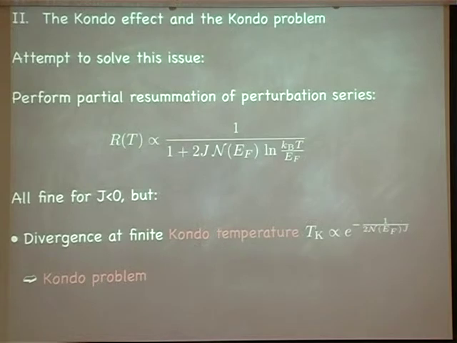And this is the Kondo problem. So you have now a divergence at finite temperature, and the whole theory, as nicely as it might explain the minimum and the region around the minimum, does tell you there's something more in it, and we don't even come close to capturing these physical aspects.